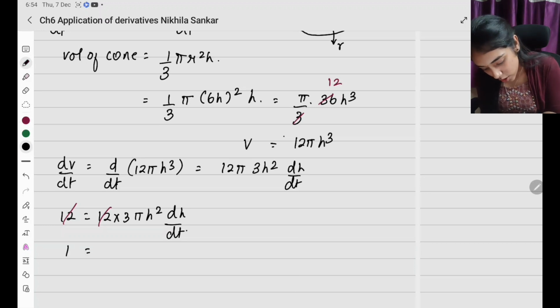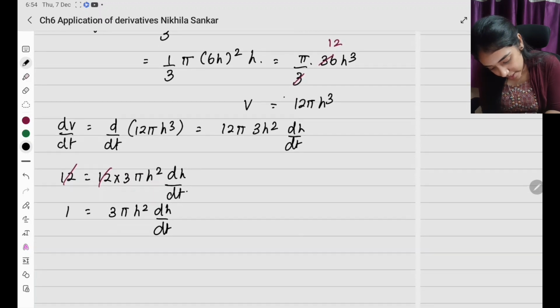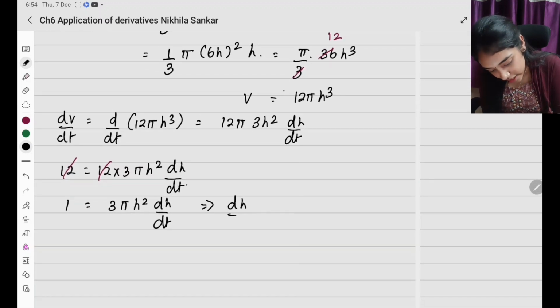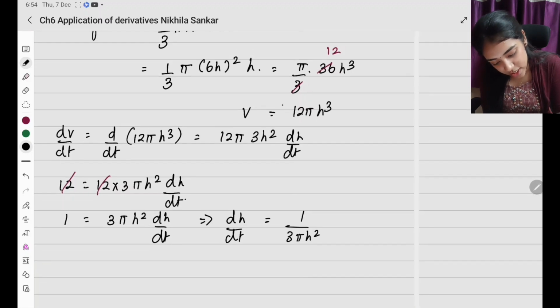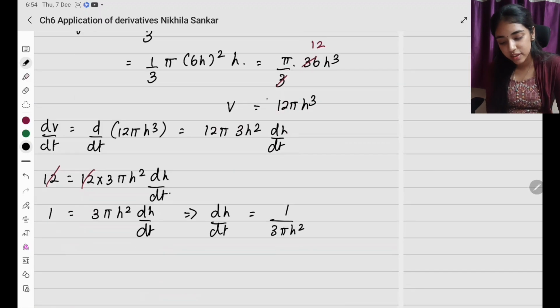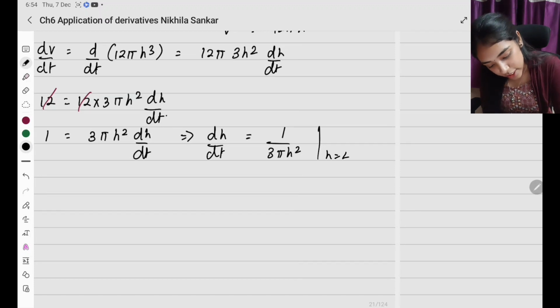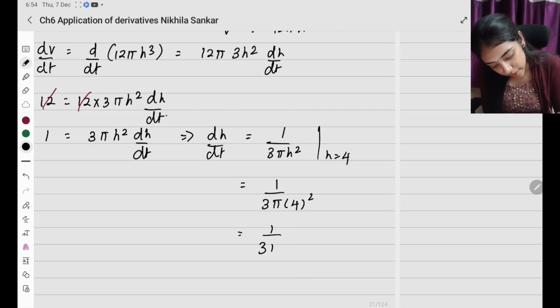So I'll be left with 1 equals 3 pi h square dh divided by dt. So from here, I can write dh by dt equals 1 by 3 pi h square, and the value of h is given as 4. So I substitute h equals 4, I have 1 by 3 pi times 4 square, which is 1 by 3 pi times 16. 16 3s are 48.